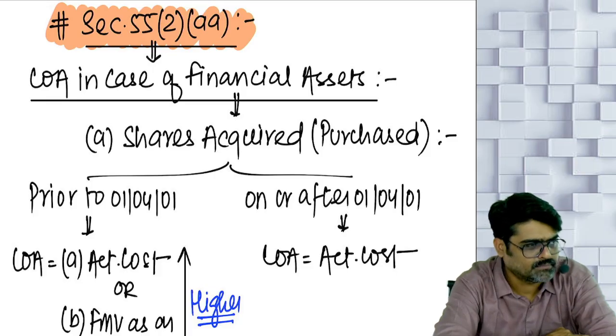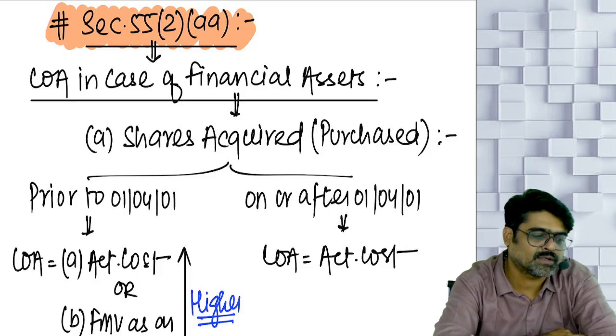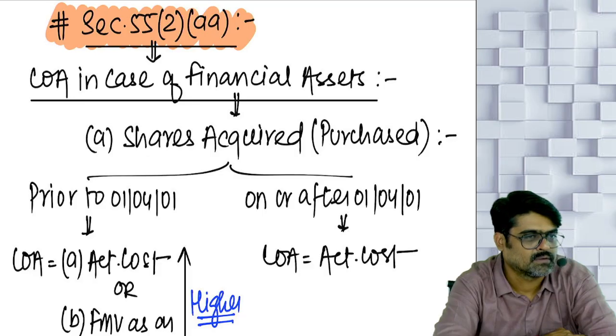Mr. Tanmay, T-A-N-M-A-Y. Expenses incurred on transfer, rupees 2,50,000, incurred fully by Tanmay.